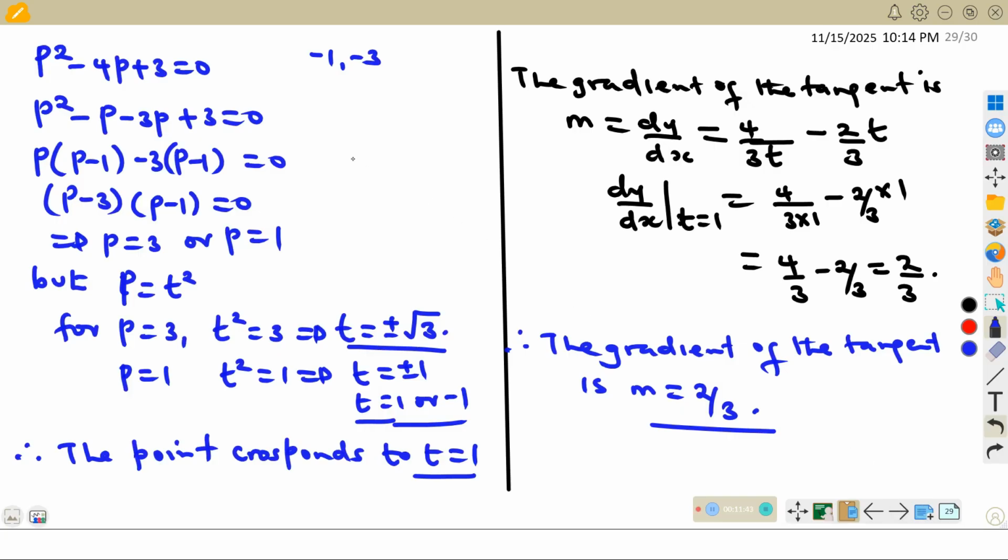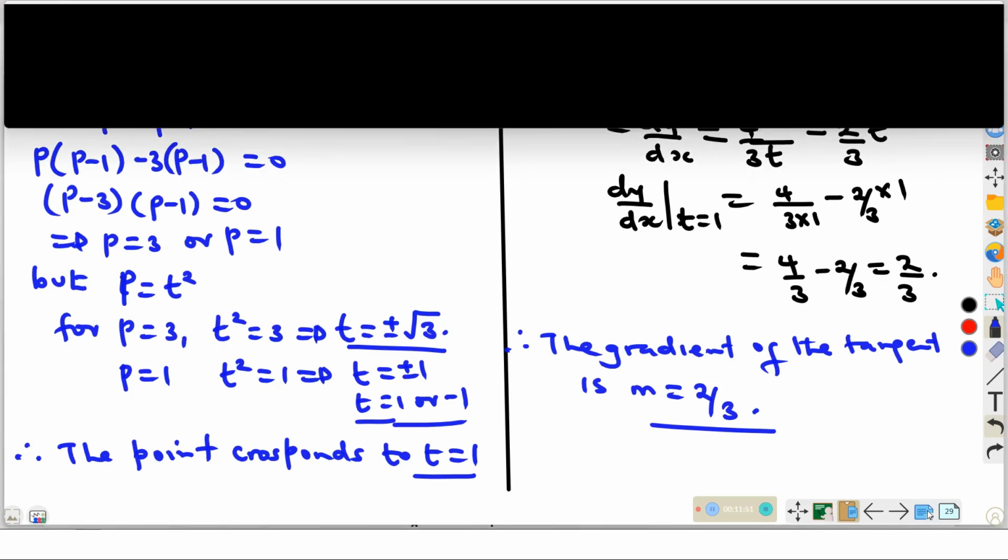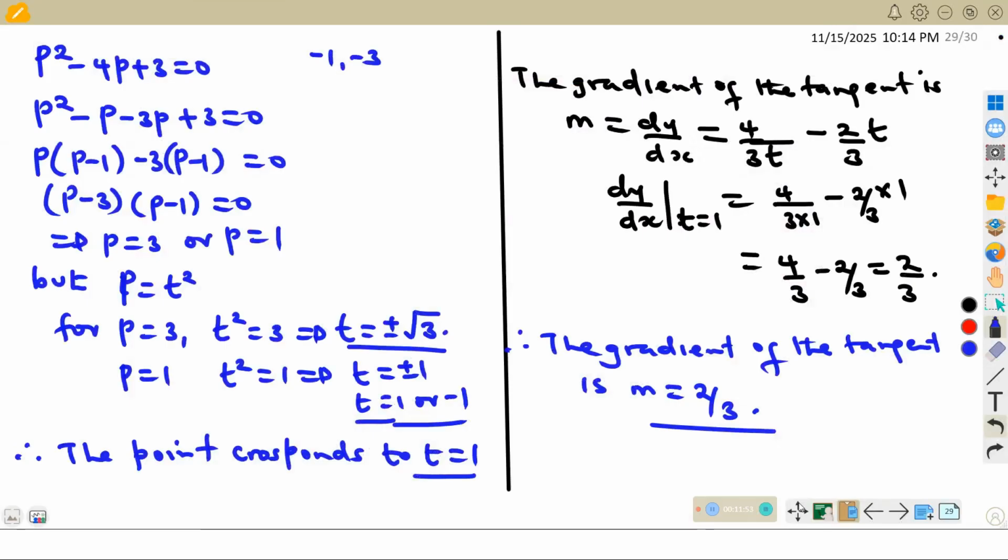So next, we shall talk about the equation of the tangent line.